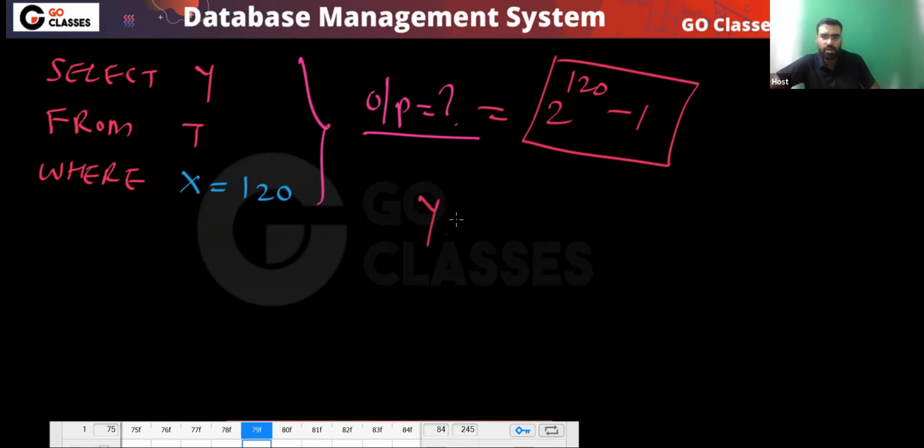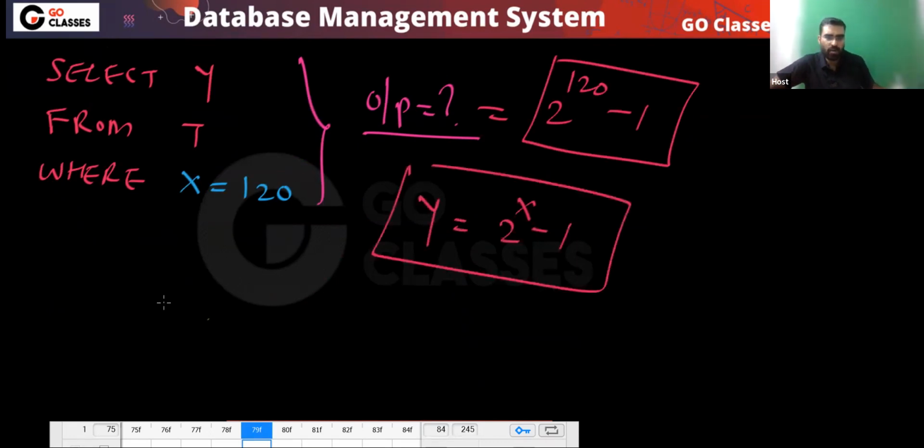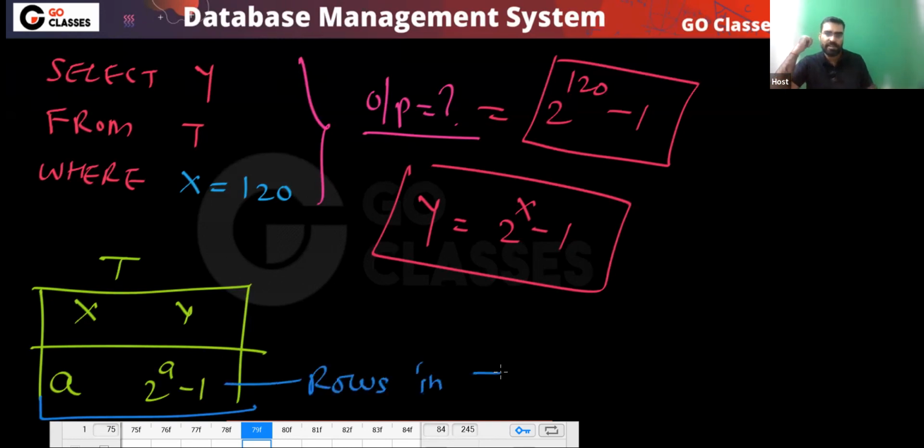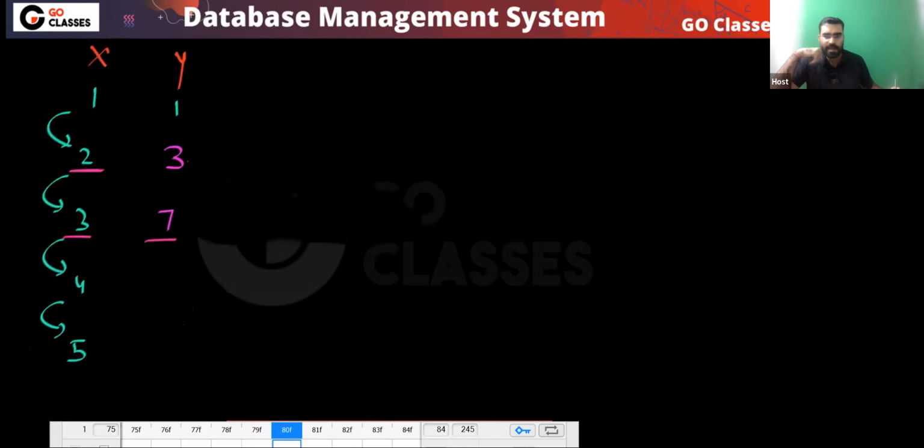Basically your y value will always be equal to 2 power x minus 1. So it will always happen in your table T, x comma y. If this value at any point of time is a, then this value will be 2 power a minus 1. This type of rows are there in the table T. So this is the method of pattern recognition.